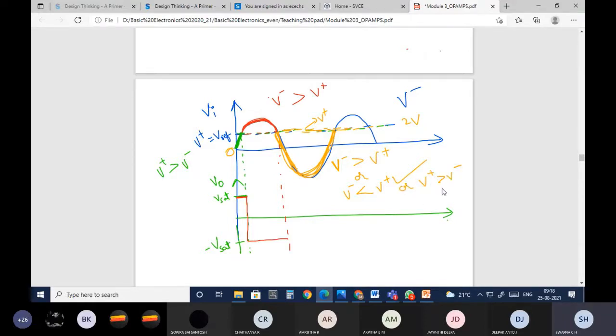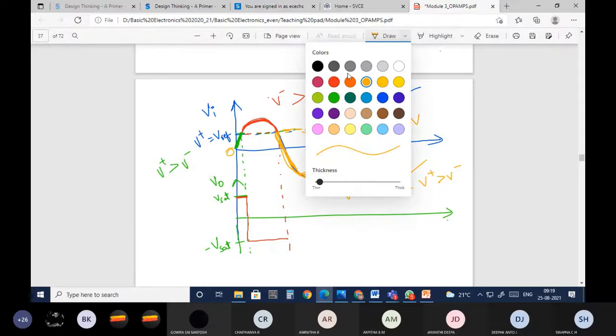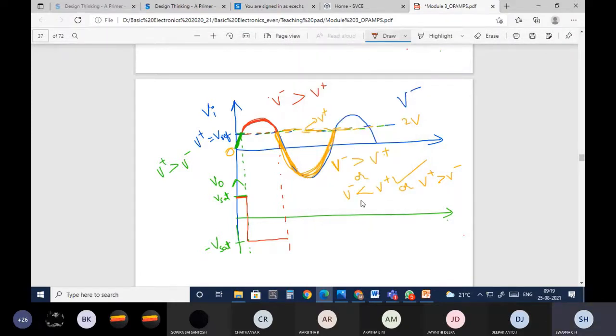Or I can write this as V plus is greater than V minus. Anything is the same, right? So whichever voltage is greater decides the output. What will the output be from here to here? V plus is greater than V minus, so will the output be plus V saturation or minus V saturation?